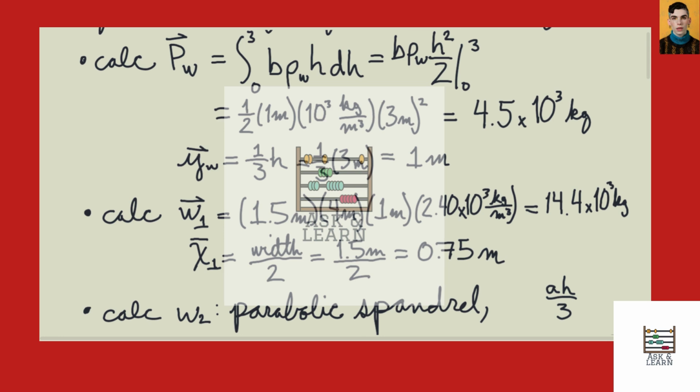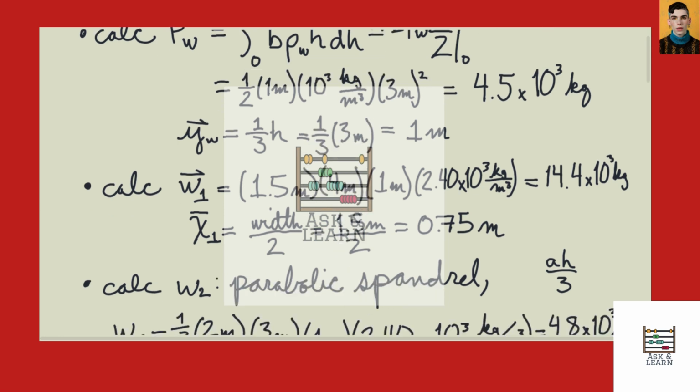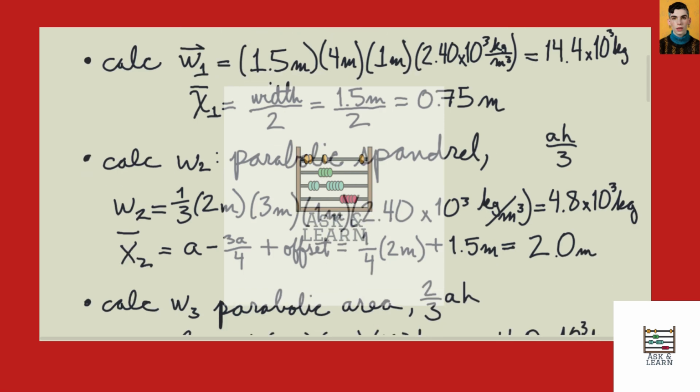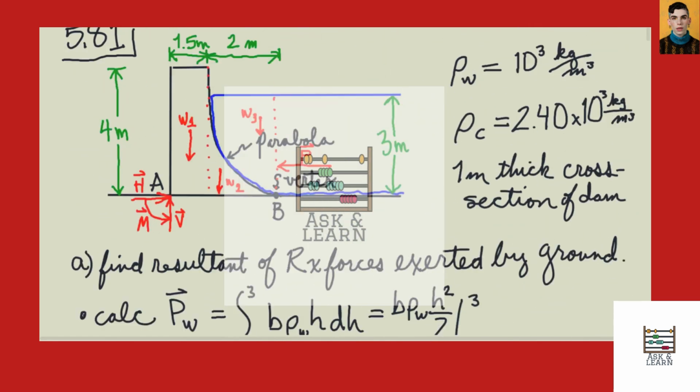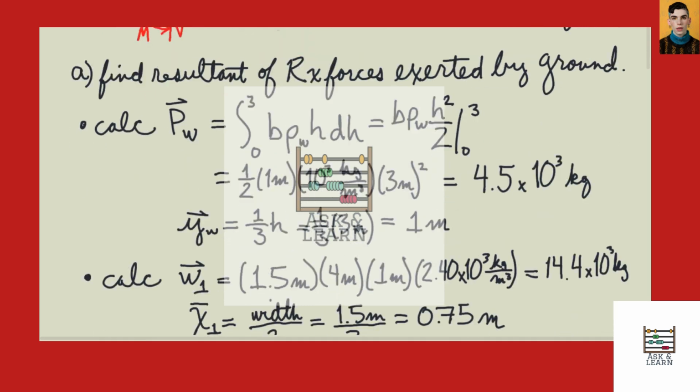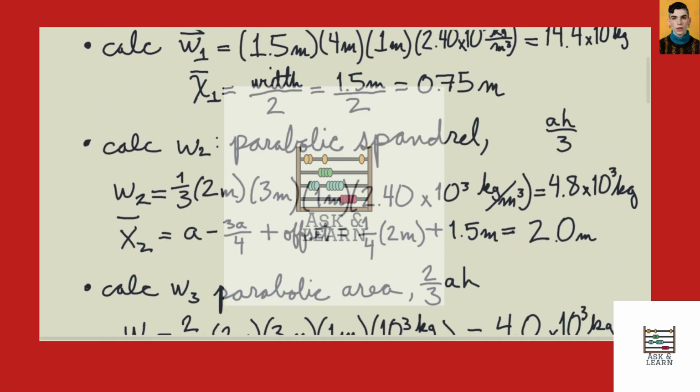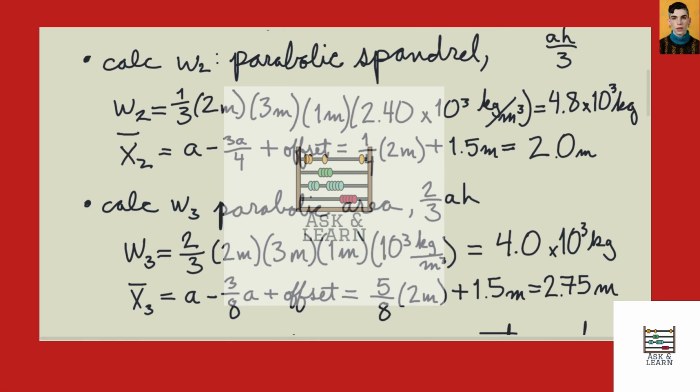That leaves us with 14.4 times 10 to the third kilograms. The centroid of a rectangle is half of its width, the half of the base. We're calling it the base now because we're looking for the x location of the centroid. Dividing 1.5 meters by 2, we get 0.75 meters.